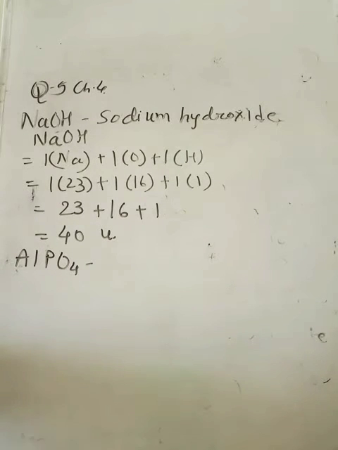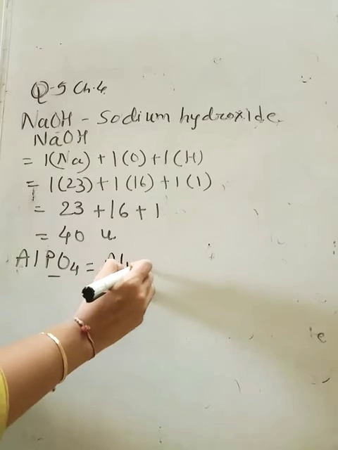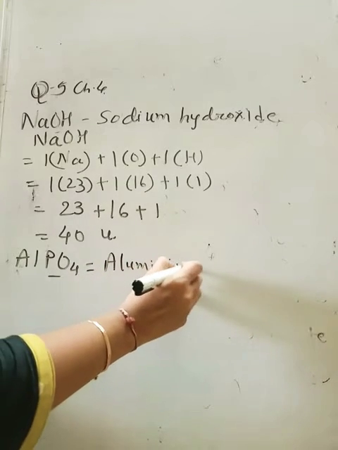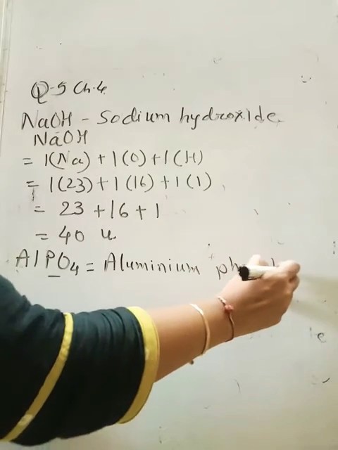Now PO4 is the phosphate group. So what will be the name of the compound? Aluminium phosphate.